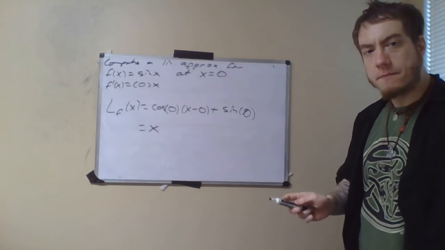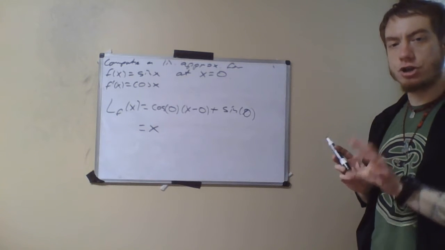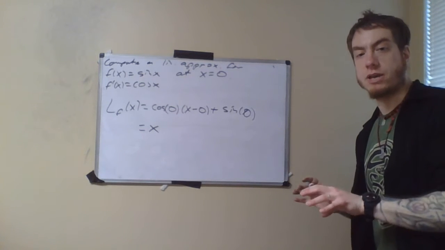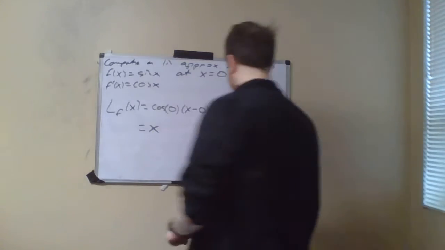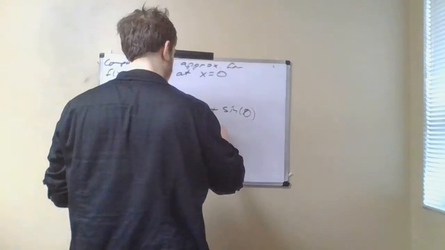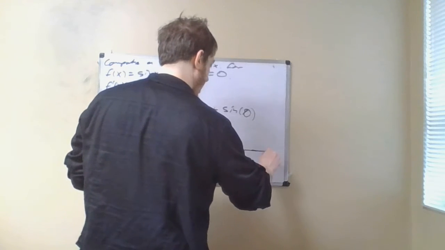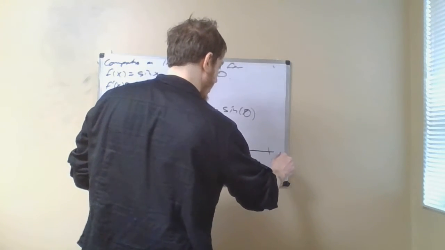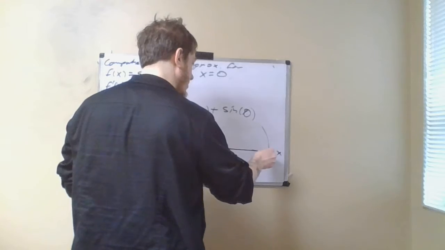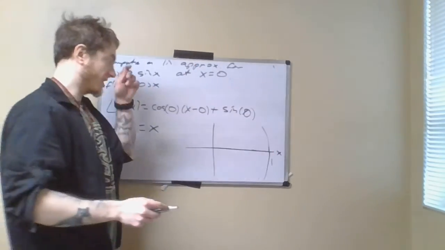What does this mean? And what I want to show you kind of geometrically or intuitively what this means, okay? So think about the unit circle. And I want to have sort of a big drawing here. So we're just going to draw a piece of the unit circle so that we have more space.